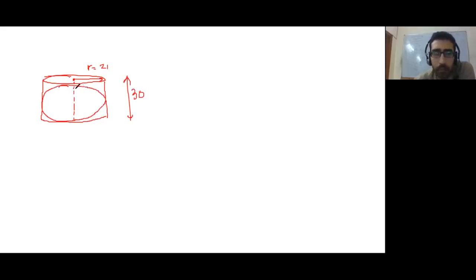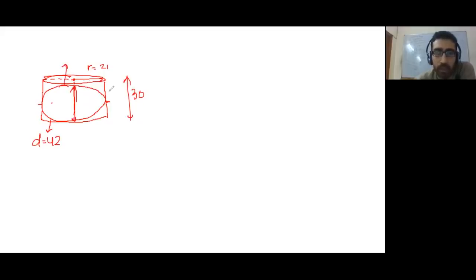Why? Because for a sphere to fit like this, touching the ends of the cylinder, it would need to have a diameter equal to the diameter of the cylinder. So this sphere would need to have a diameter of 42 centimeters, which would of course mean that this sphere comes outside.